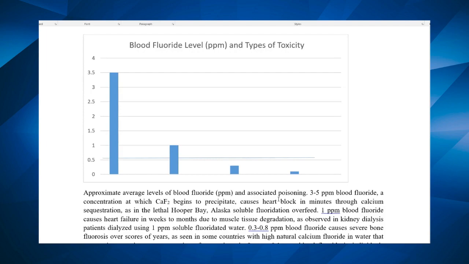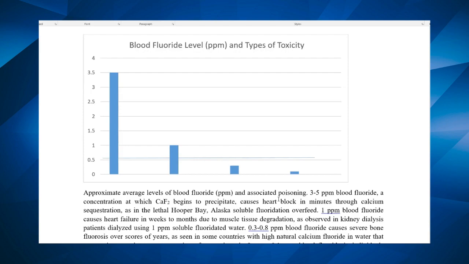So at this level of fluoride, the toxic effects now are largely centered on where the fluoride goes. It goes to the bone, goes to the pineal gland, but in the bone, it incorporates into the matrix by ionic exchange.